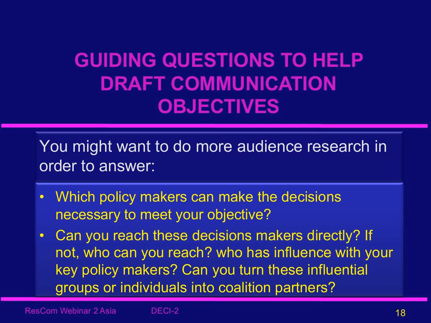You can see this on slide 18. And also ask them, can they reach these decision makers directly? If not, who can they reach? Who has influence with their key policymakers? Can they turn these influential groups or individuals into coalition partners?